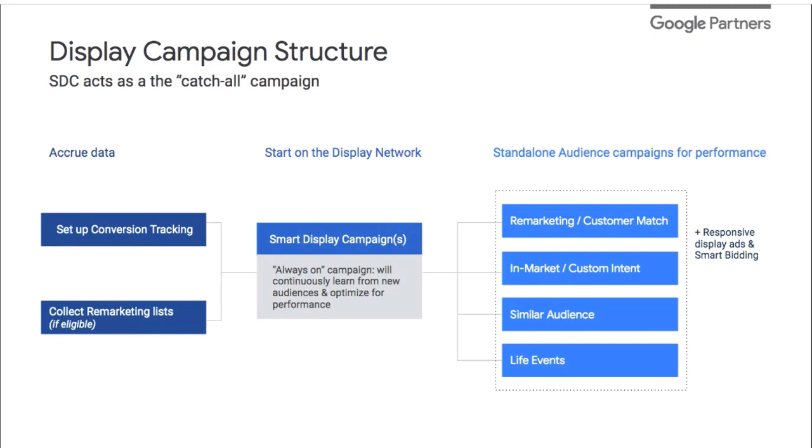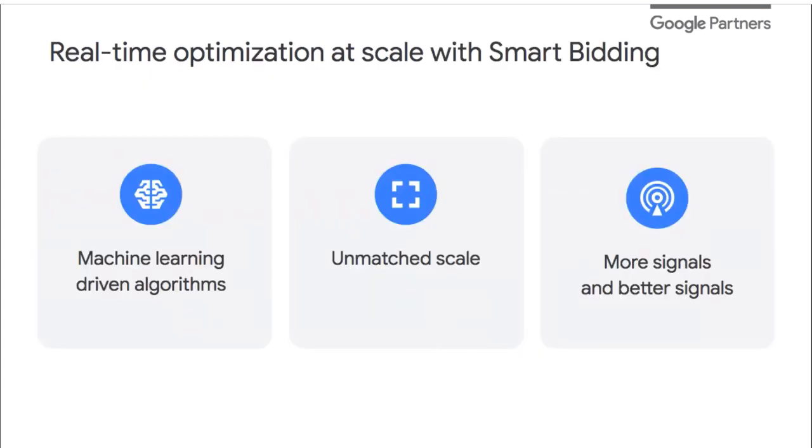But let's dig in a little bit into the specifics of smart display itself and understand how each of these 3 pillars work together, starting with smart bidding. So smart display employs smart bidding algorithms to set the right bid for every user in every single auction, and it relies on Google Brain to power those algorithms. So we have unmatched scale with these algorithms.